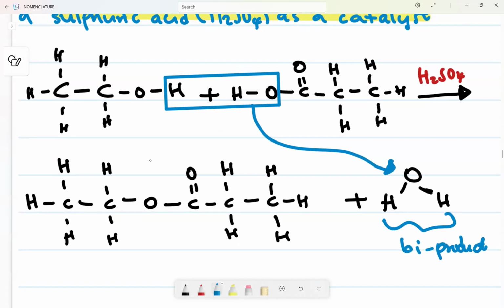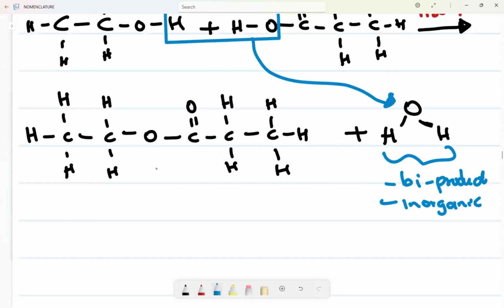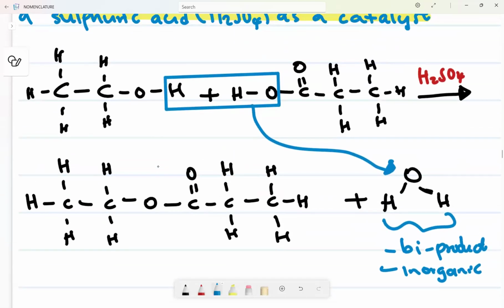And it is inorganic. Why am I saying it is inorganic? Because I know the definition of an organic compound. An organic compound is a compound that consists of hydrogen as well as carbon.